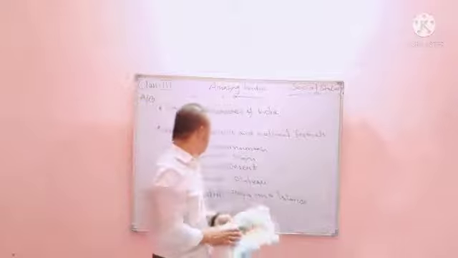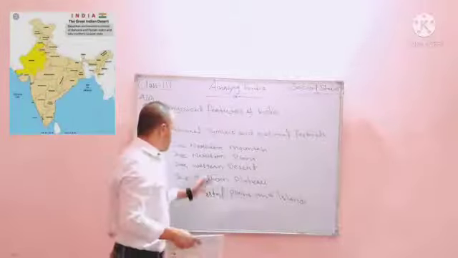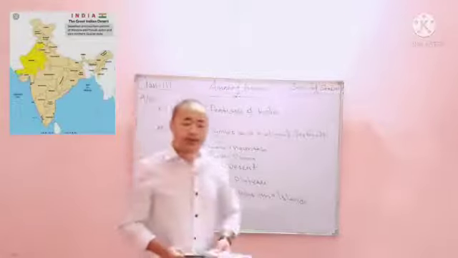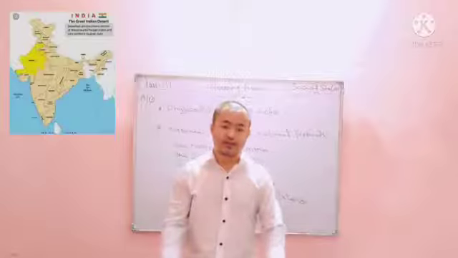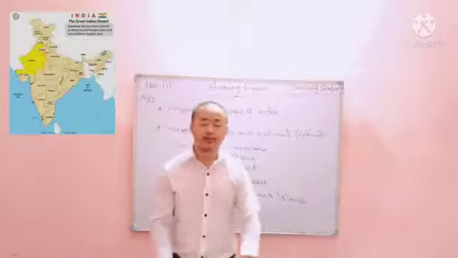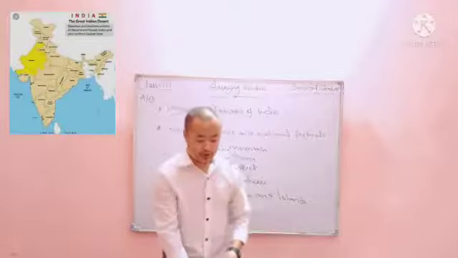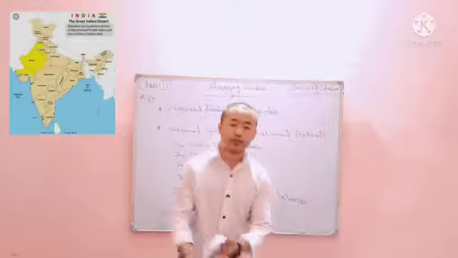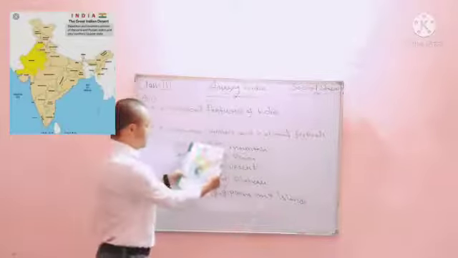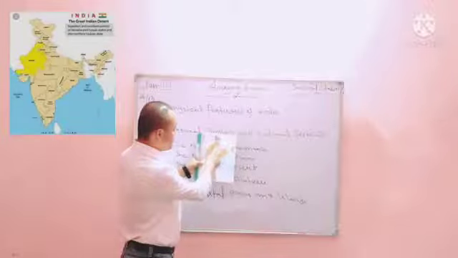Now the western desert. The Great Indian Desert, which is also known as Thar Desert, lies in the western part of India. As you can see in this map, here is the western desert.